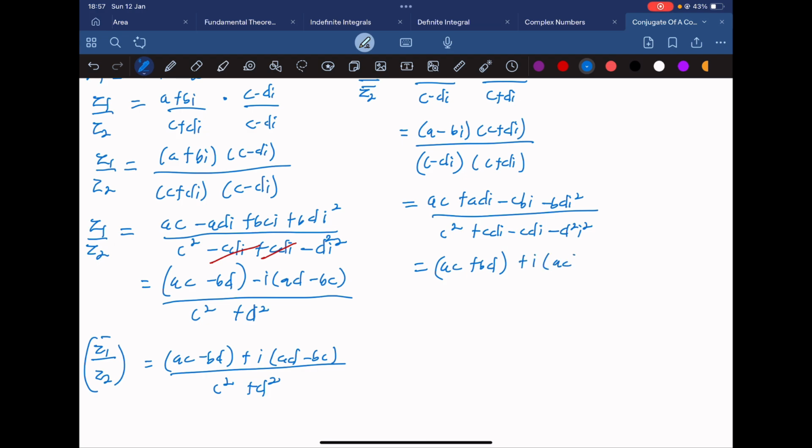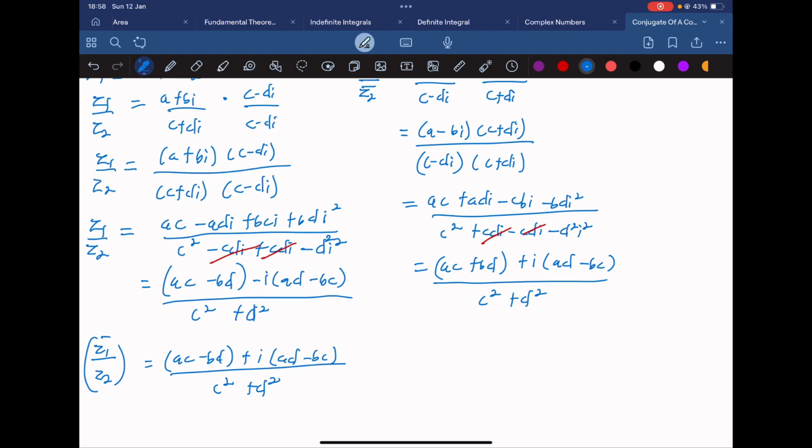So we have AD minus BC. Then you divide everything through, these two terms cancel out. So you divide everything by C squared plus D squared.